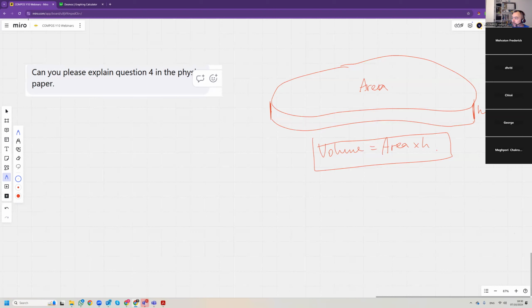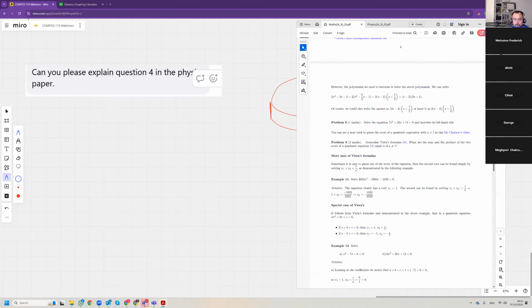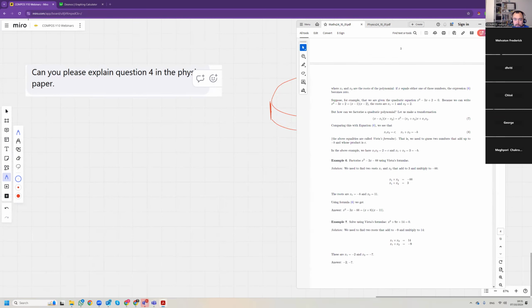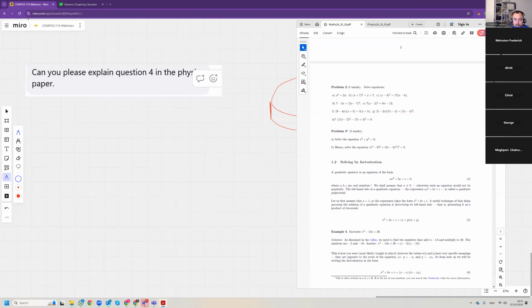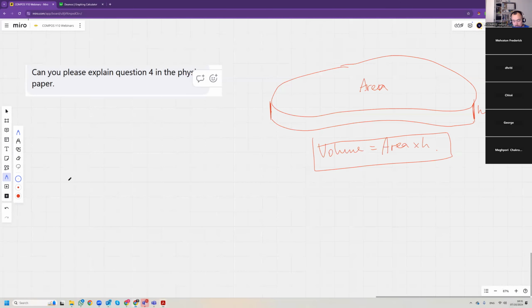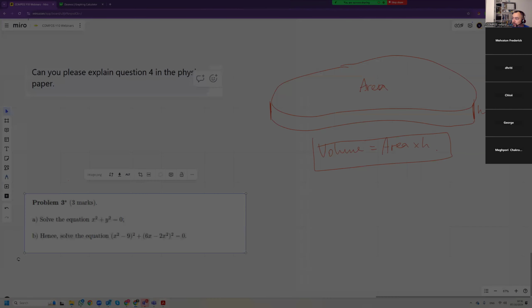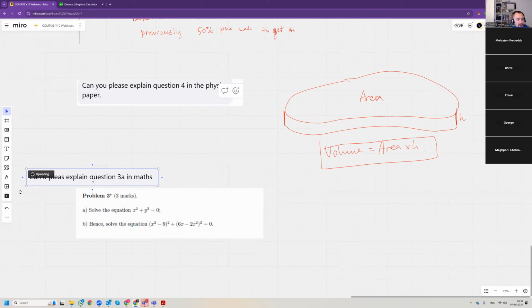Okay. Question 3A in maths. I don't think I can do a good job of explaining this question without giving away the answer.